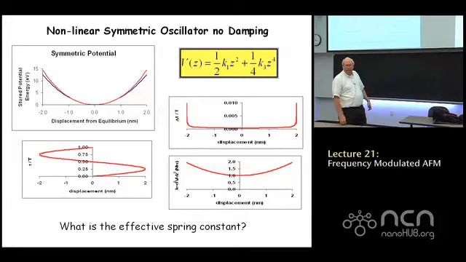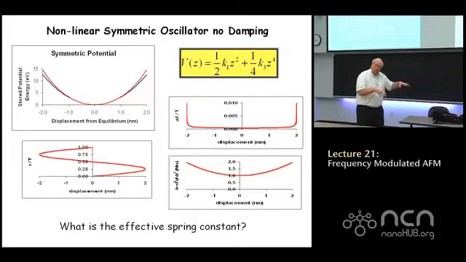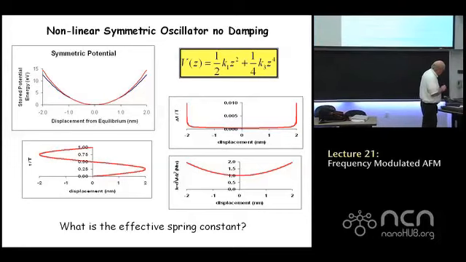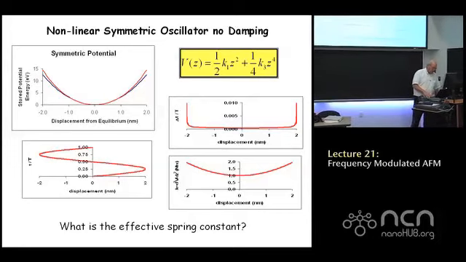And this will come back when we discuss the tip oscillating in the very nonlinear potential well due to van der Waals forces. This feature will emerge. But I just want you to start thinking about these problems and how you might sort them out.